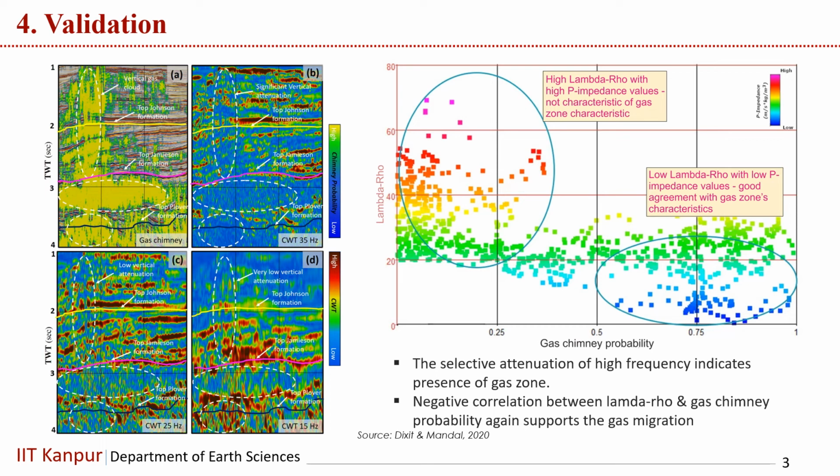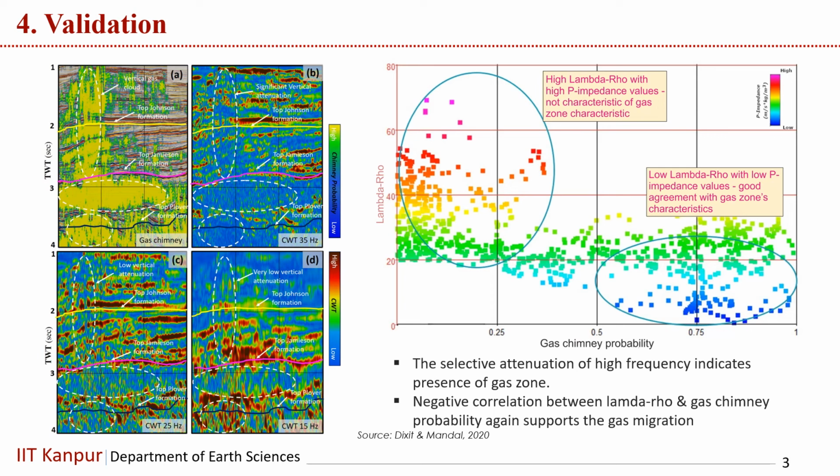For calculating lambda rho, we used bulk density log data, compressional DTCO and shear DTSM data. And the color of the dots is represented by the P impedance.